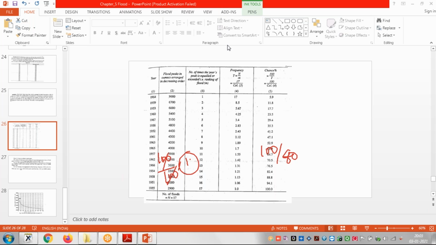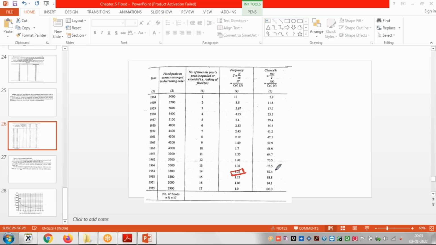Just concentrate here. 1.25 is somewhere here, right?